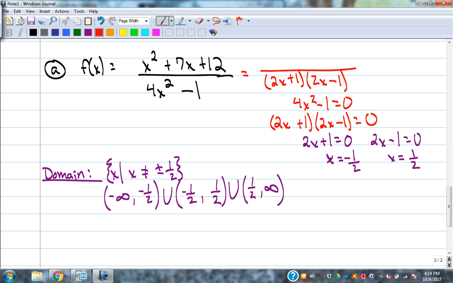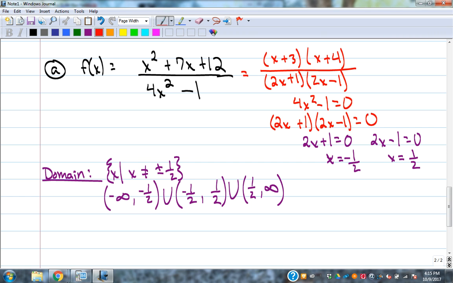So x squared plus 7x plus 12, things that multiply to be 12 and add to be 7. 3 and 4. So x plus 3, x plus 4. Now, do any of those factors cancel out? No. Didn't help us that time, but that's just one of the things you've got to try to do is try to simplify it. So factoring is the way to do that.